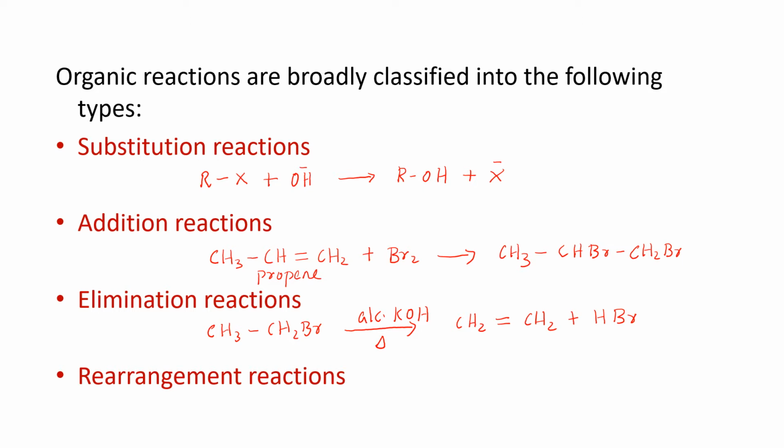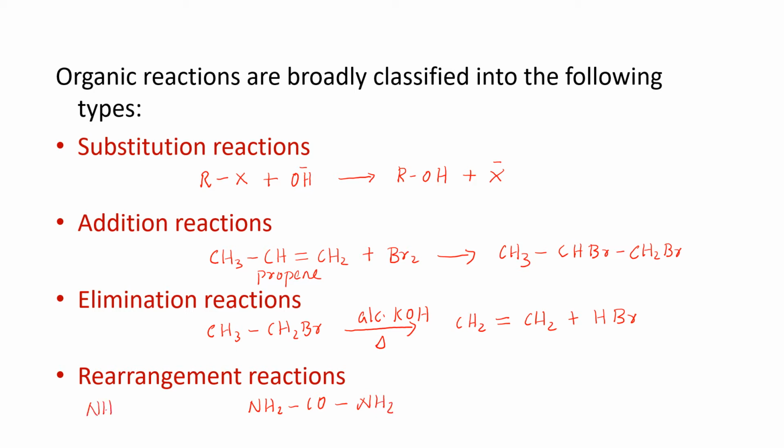an unsaturated compound. And in rearrangement reactions, an atom or group changes its position in the molecule. One of the simplest examples for rearrangement is the formation of urea from ammonium cyanate.